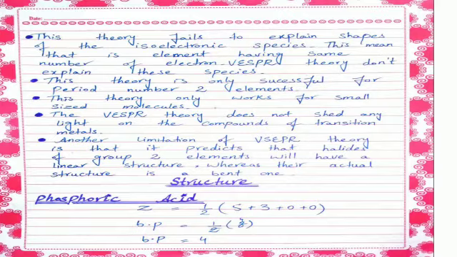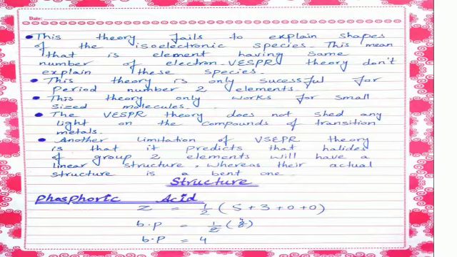This theory only works for small molecules. VSEPR theory does not shed any light on the compounds of transition metals. And the last point is that it predicts that halides of group 2 elements will have a linear structure, whereas their actual structure is a bent one.